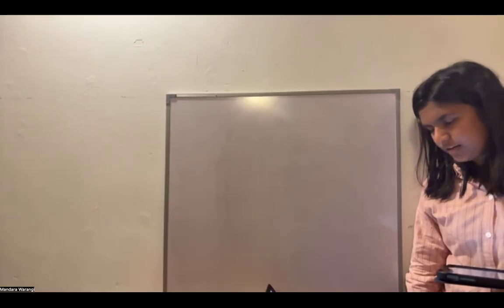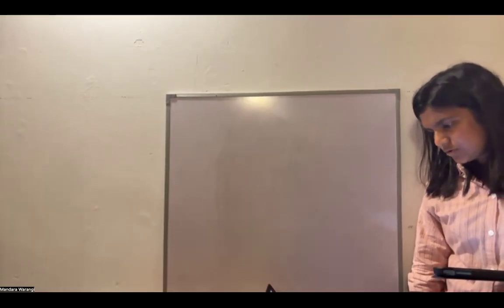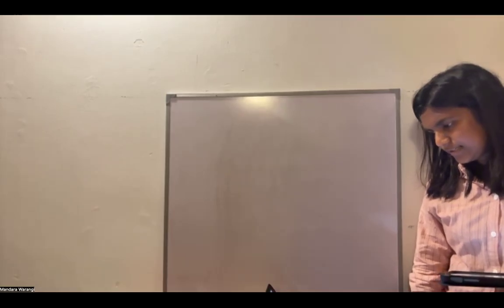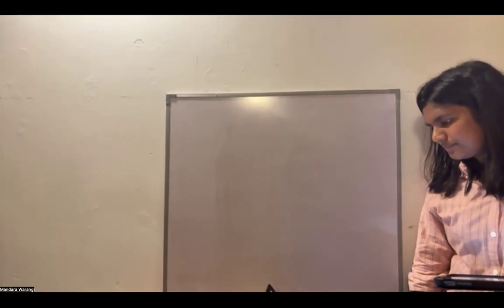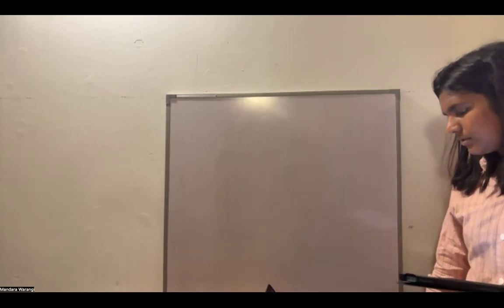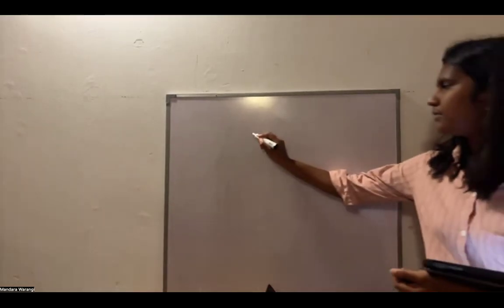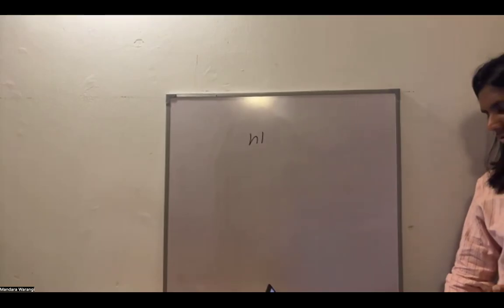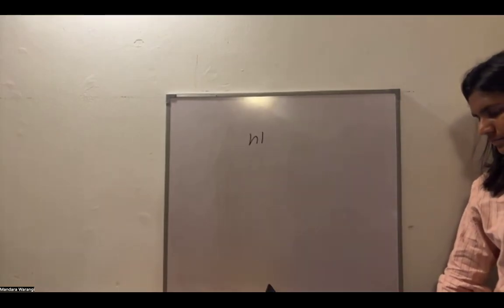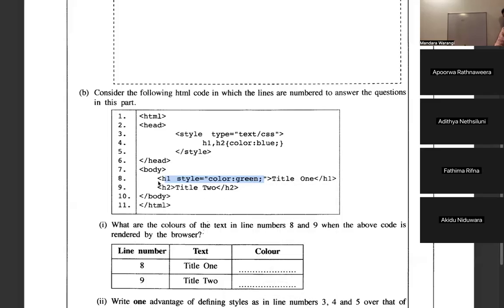So for H1, you should change the color into green. So this is inline CSS. How can we write this in external CSS? You have to write this in external CSS. So you write H1, open curly brackets.